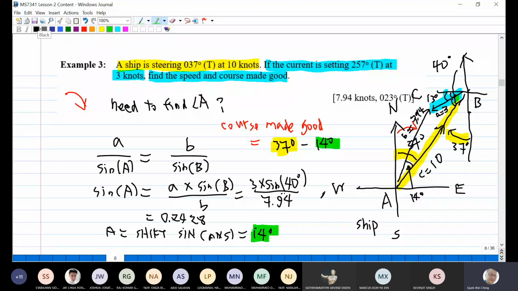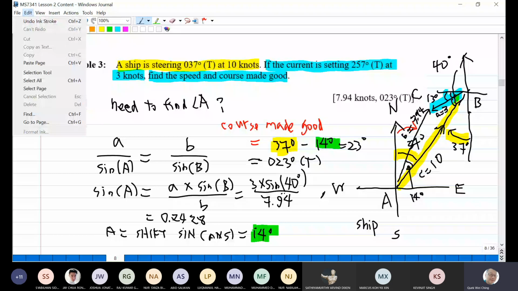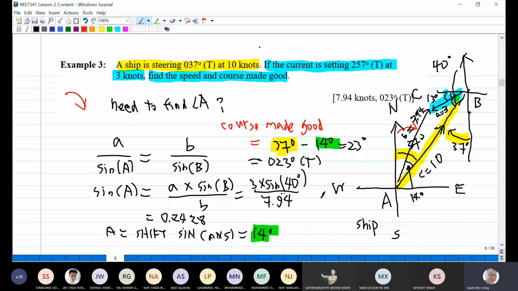So the final course is 023, right? So 023 degrees true bearing. Okay, 023 degrees true bearing eventually. Okay, final course made good.